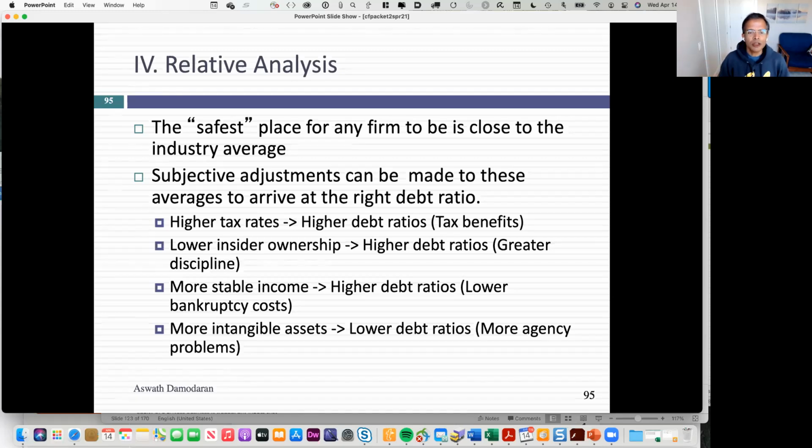So let's lay out some intuitive reasons why, even within a group, you should expect debt ratios to be different. Let's take entertainment companies. Disney is part of a big group of entertainment companies, but I would expect Disney to carry more debt than the typical entertainment company. And here's why.